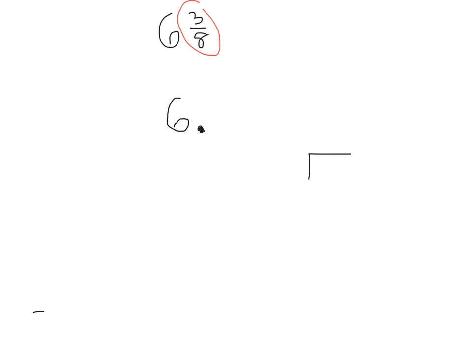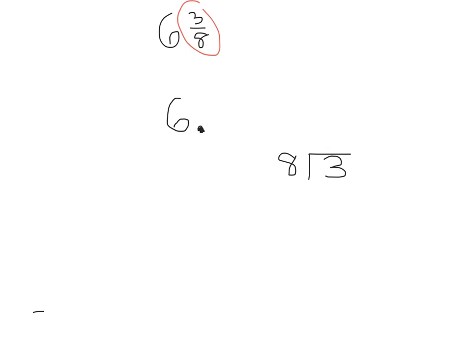So the number that is on the bottom, which is the denominator, is always going to go on the outside. And just really get that stuck in your mind, because in the future, the numbers on the bottom aren't always the smallest numbers, you'll find out. So just remember, if it's on the bottom, it goes on the outside. If it's on the top, which is the numerator, it goes on the inside.